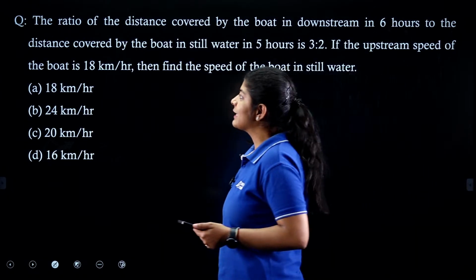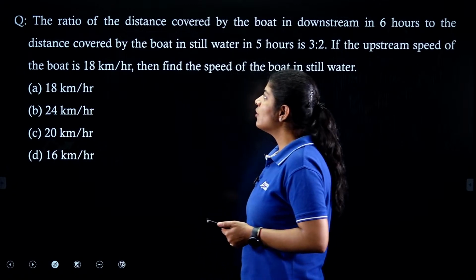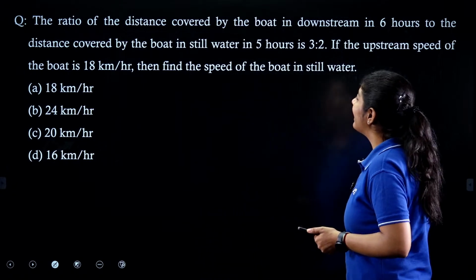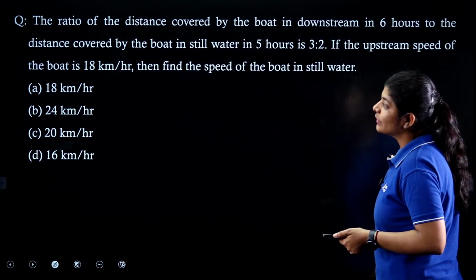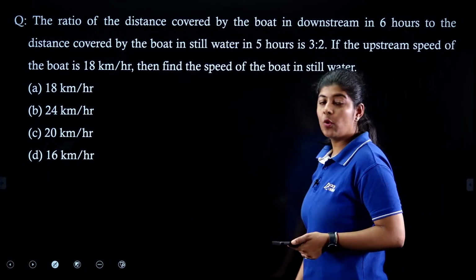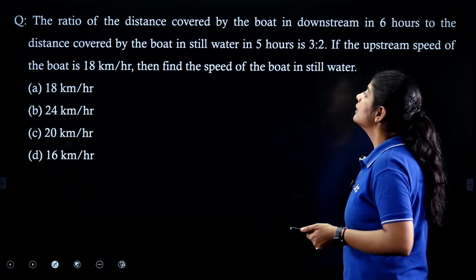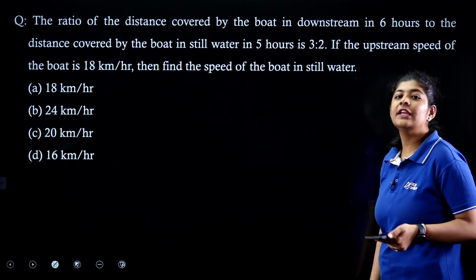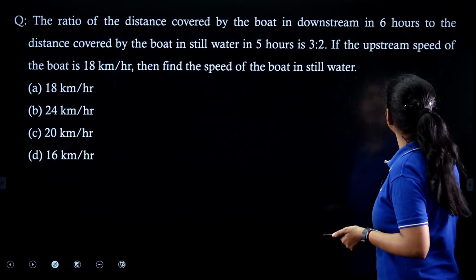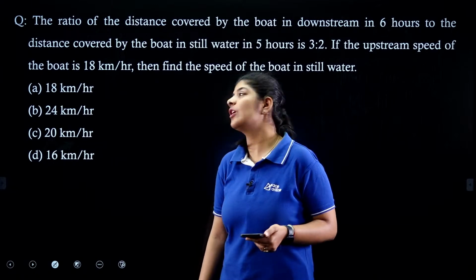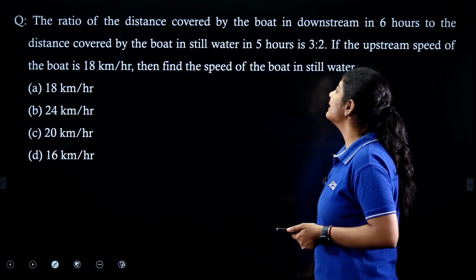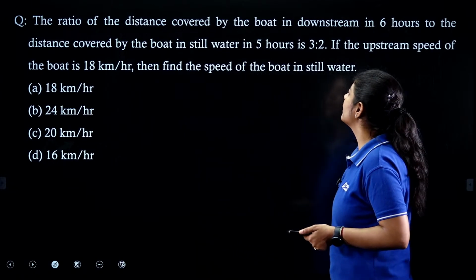The next question says that the ratio of the distance covered by the boat downstream in 6 hours to the distance covered by the boat in still water in 5 hours is 3:2. If the speed of the boat downstream is 18 kilometers per hour, then find the speed of the boat in still water.